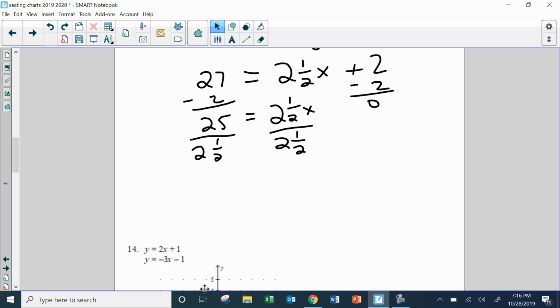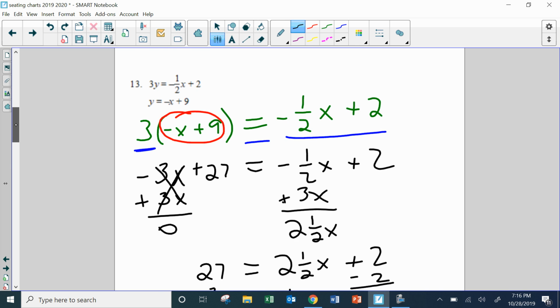I'm going to write the answer as a fraction when I do it. So 25 divided by 2.5 gives me 10. Oh, that should have been an easy one. All right, so I get x. Oops, go back to my marker. X equals 10. I am not done though.